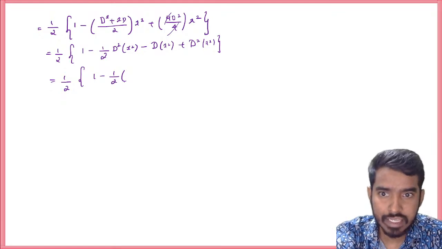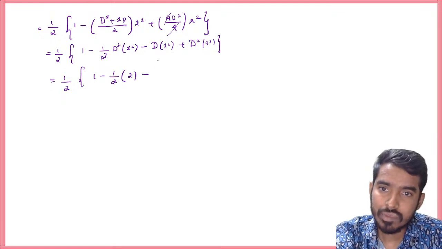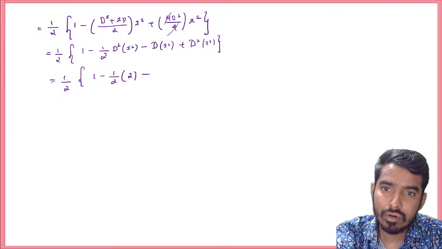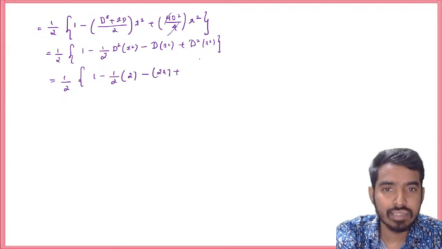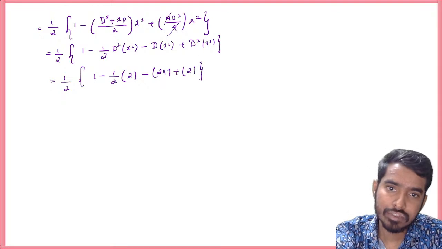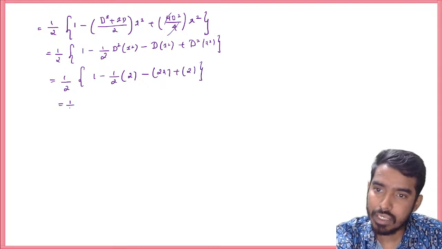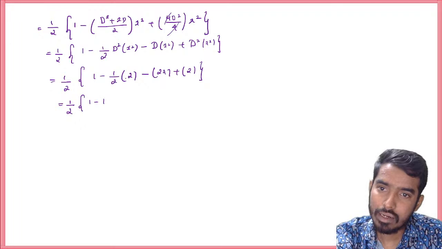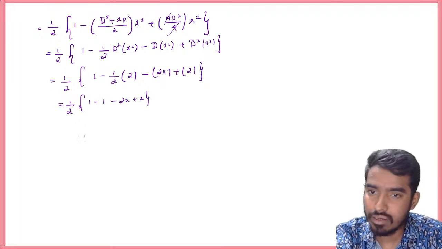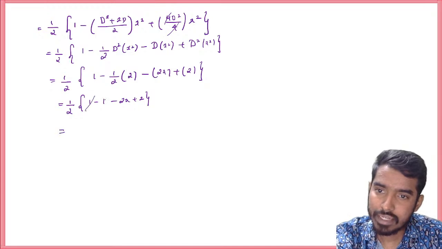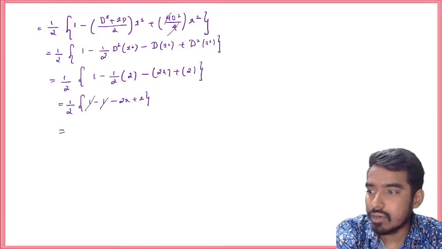First derivative of x square is 2x, second derivative is 2, right? So this will be 1 by 2, 1 minus 1 minus 2x plus 2, right? So again minus 1 minus 1 is 0.